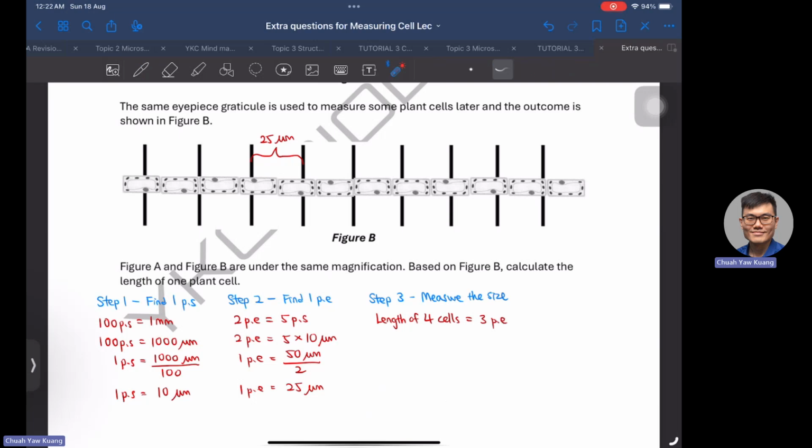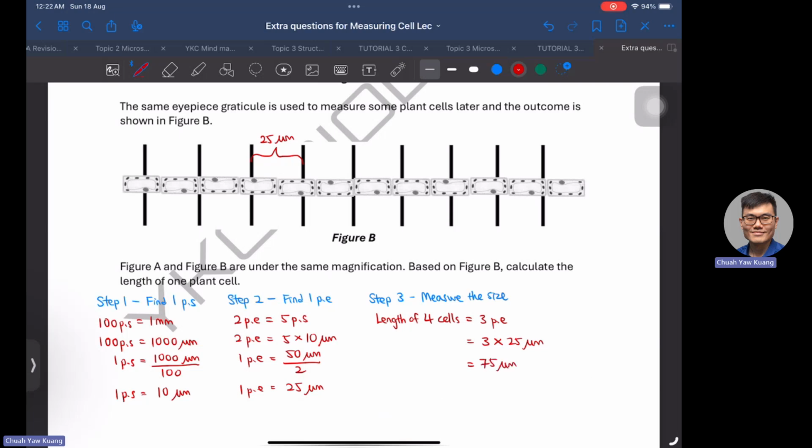Like what we calculated just now, 1 pitch on the eyepiece reticule is equal to 25 micrometer. So we substitute here: the length of 4 cell will be equal to 3 times 25 micrometer, which is 75 micrometer.